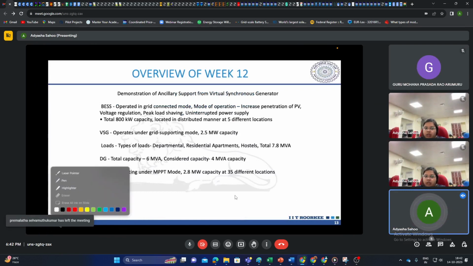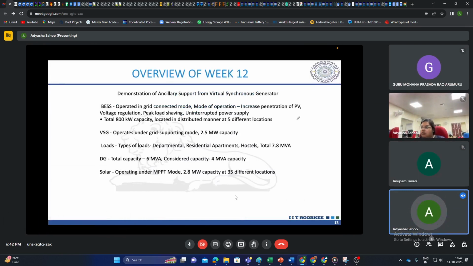Whenever we have renewables with us, we need an energy storage system to be deployed to handle the uncertainties and intermittent nature. So whenever there is an increase in renewables, we need batteries with us.